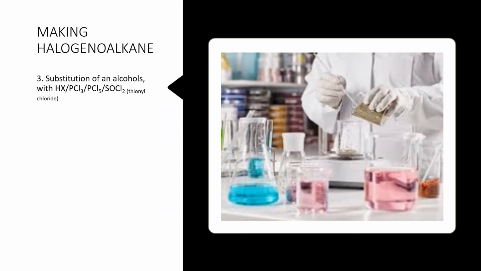The third way to make halogenoalkane is from alcohol, ROH, by substitution of OH with HX or PCl3 or PCl5 or thionyl chloride SOCl2.